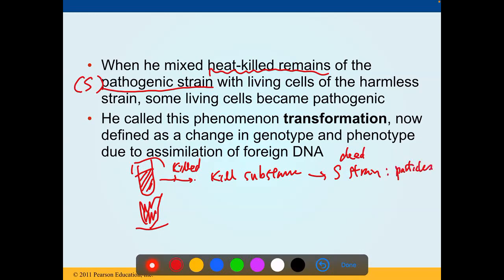Then with the living cells of the harmless strain, they mixed it. So you have this, and you have an R strain in it.